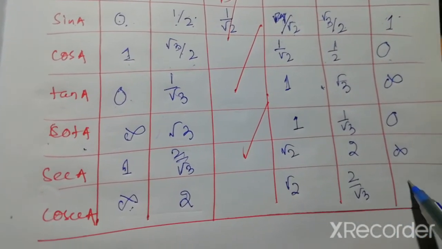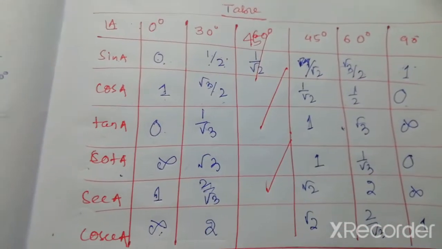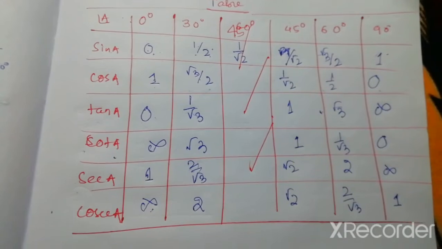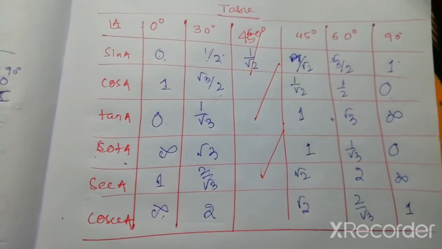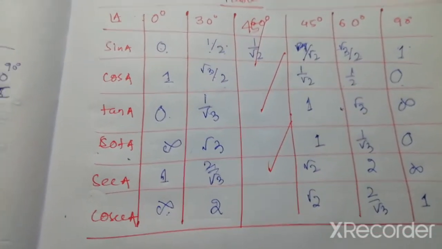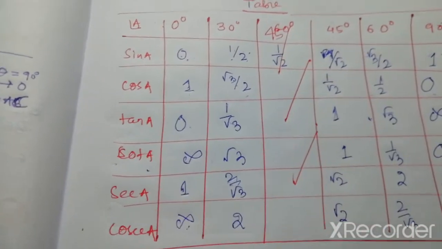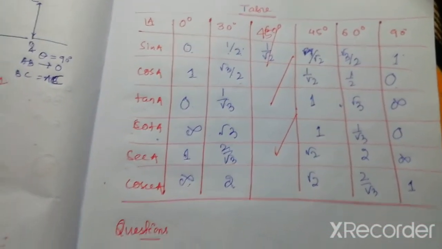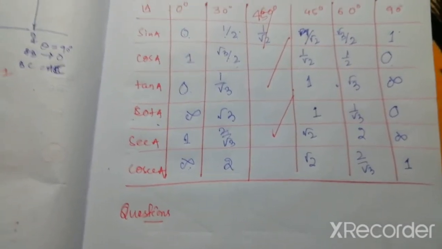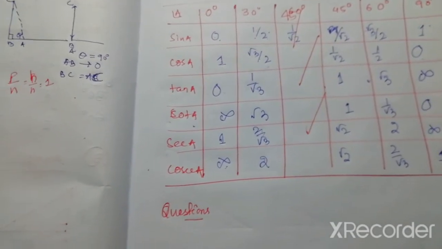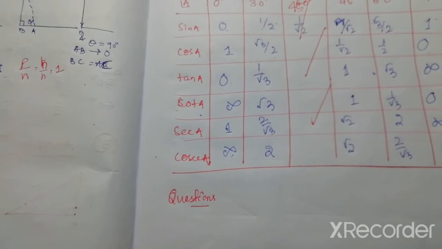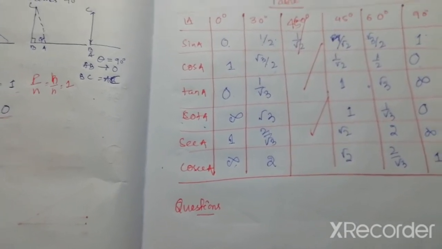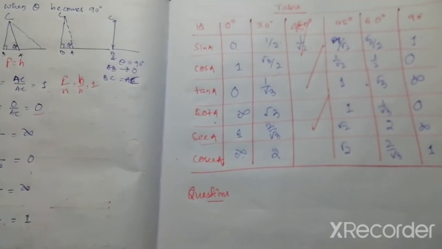This one is 1. Okay, so this is all about this chapter. In this chapter we know how to calculate sine 0 degree, sine 30 degree, sine 45 degree, sine 60 degree, sine 90 degree. This is the short trick. In the examination, the question will not ask how to find sine 45 degree; only the problem is given.